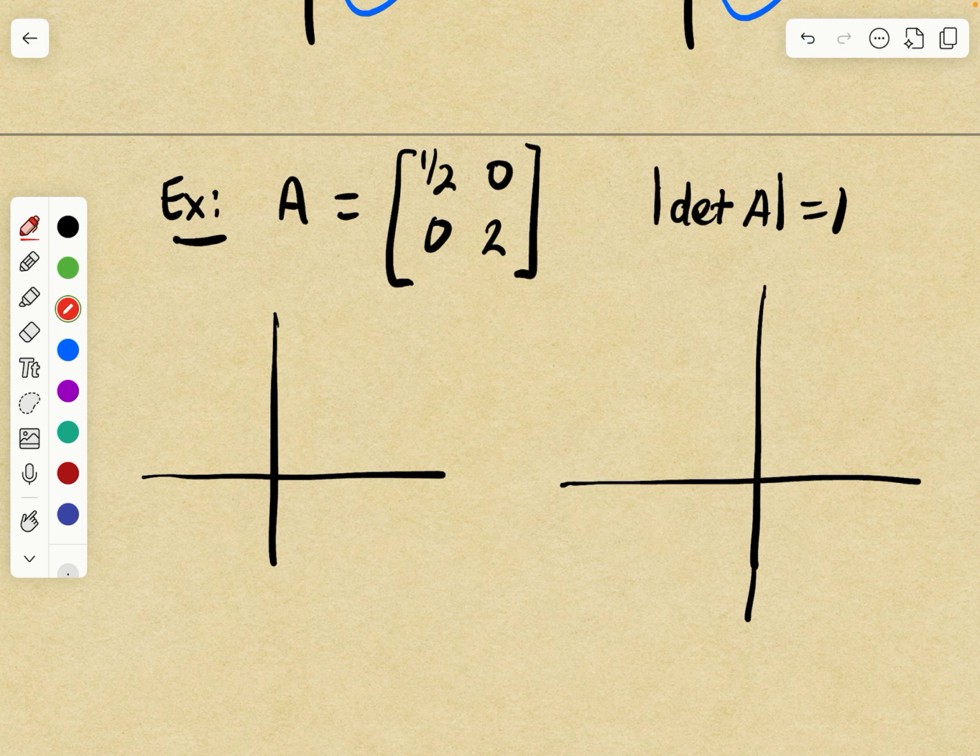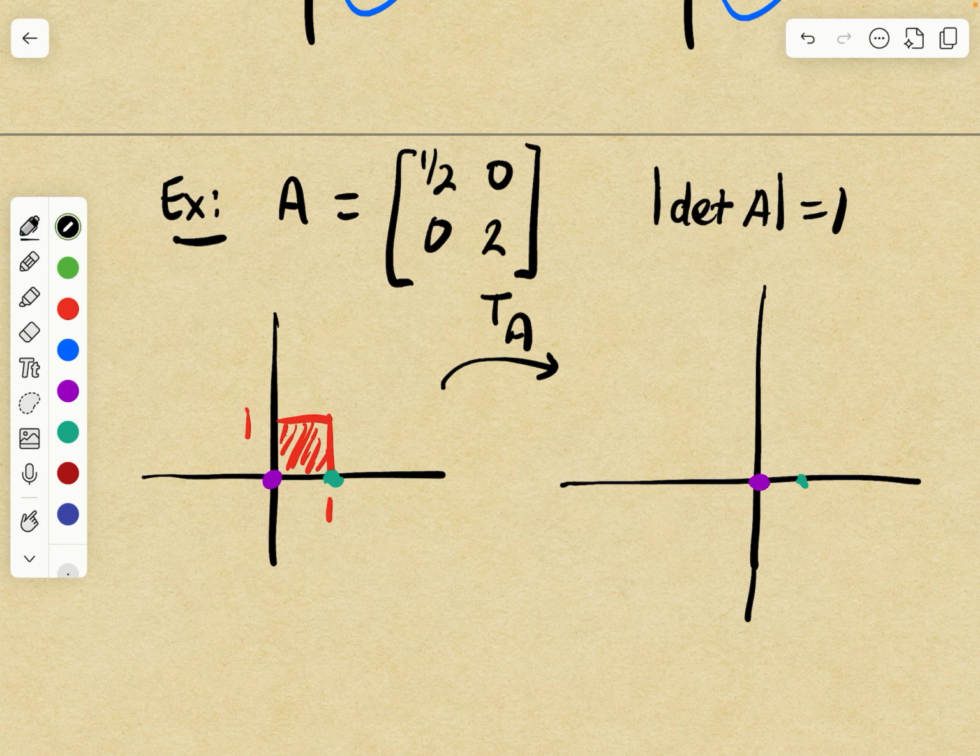So let's take a look at, say, this 1 by 1 unit square. Okay. Where is T sub A going to take this 1 by 1 unit square? Well, it's going to take 0, 0 to 0, 0. And it's going to take 1, 0 to where? 1/2, 0.